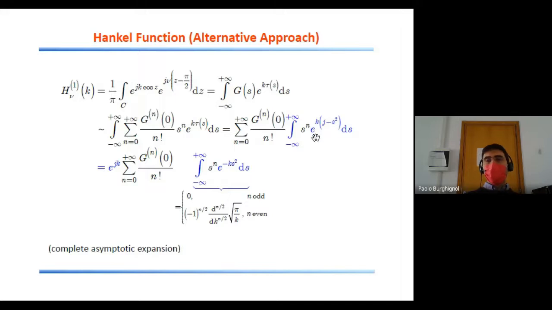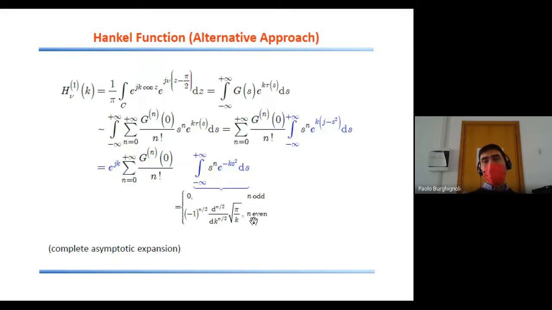So by taking outside the blue constant e to jk, in the end we get an infinite summation in which what we need to evaluate are those standard integrals whose evaluation is a standard exercise in calculus. You will discover as an exercise that if n is odd, those integrals are equal to 0, and that is immediate because then the integrand is an odd function of s.